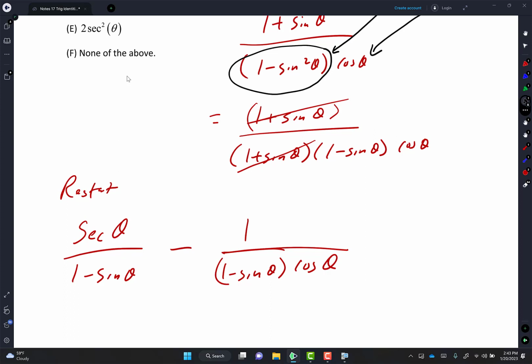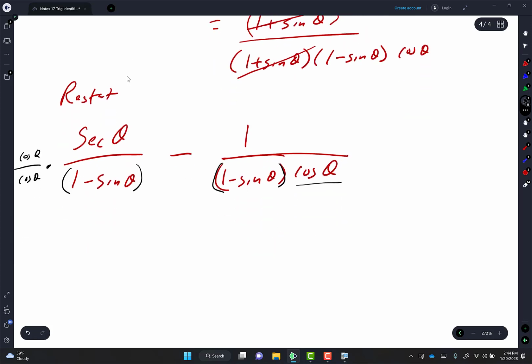Notice that both of these terms, one on the left, one on the right, the quotients, almost have the same denominator, but the one on the left is missing a what? Cosine. So I'm going to multiply this by cosine theta over cosine theta.